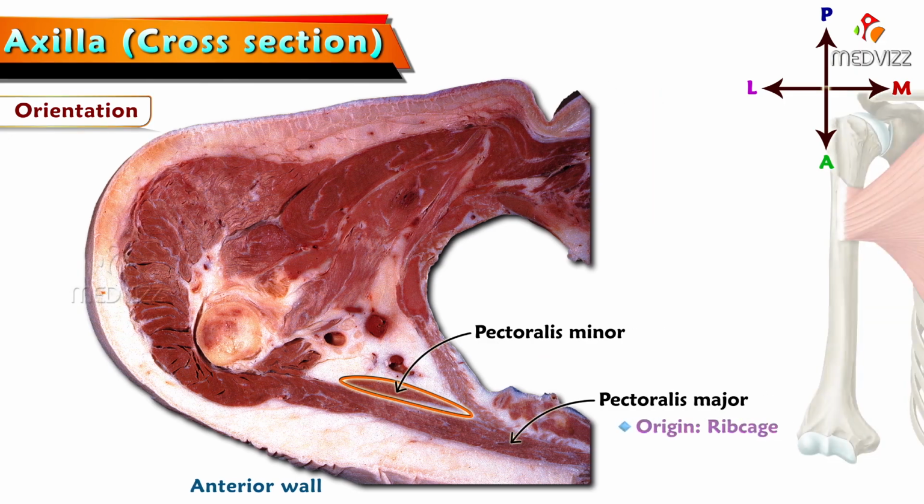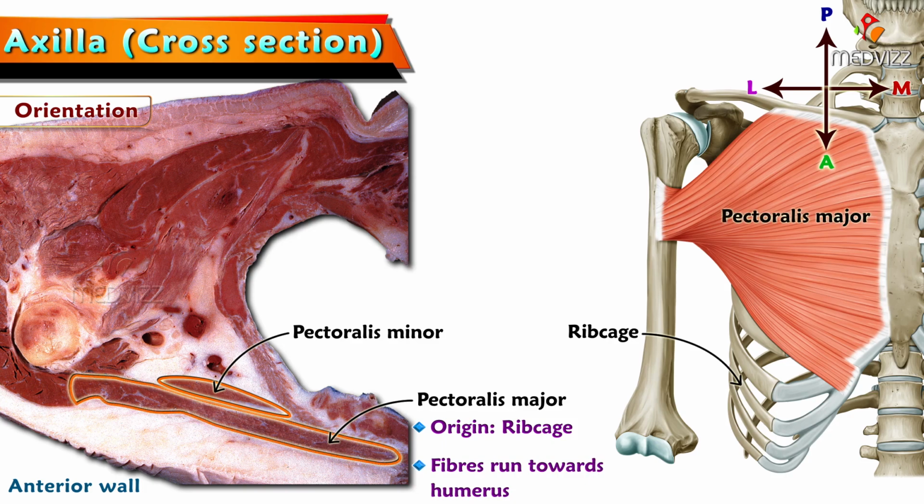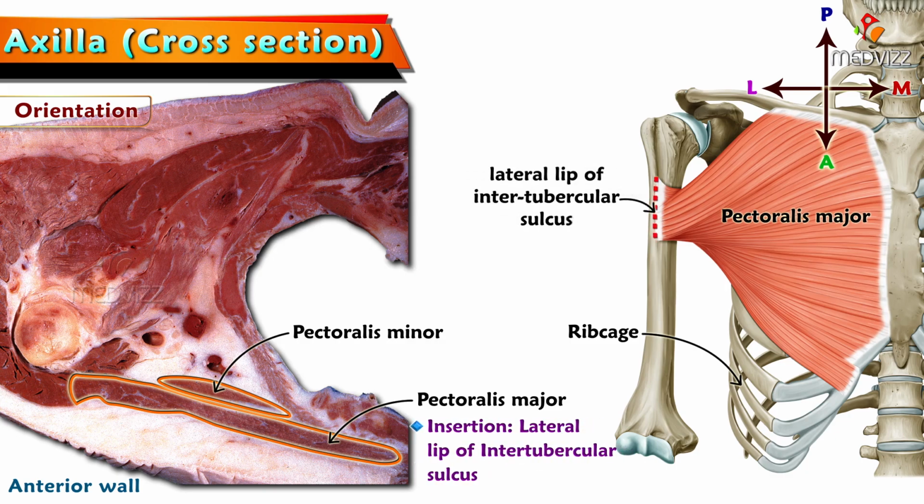Pectoralis major originates from the rib cage, where the fibers of this muscle run towards the humerus. Here this whole muscle is pectoralis major, which is inserted to the lateral lip of the intertubercular sulcus.